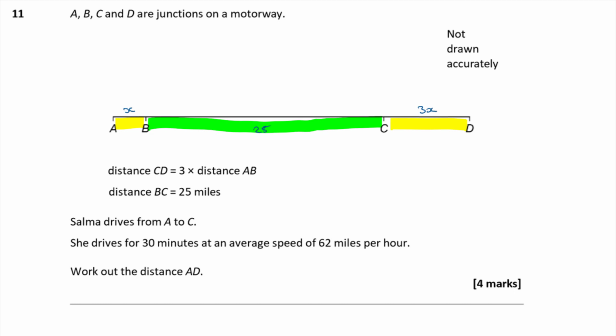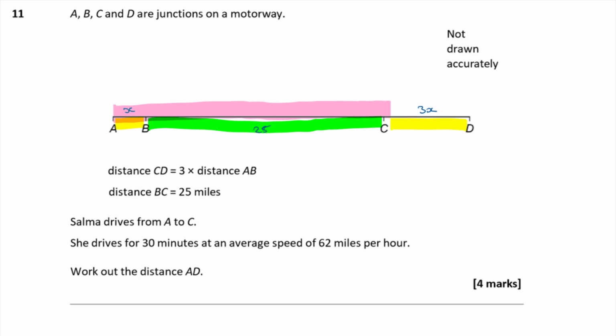Salma drives from A to C. So she's going from here up to here. She drives for 30 minutes at an average speed of 62 miles per hour. Work out the distance AD.